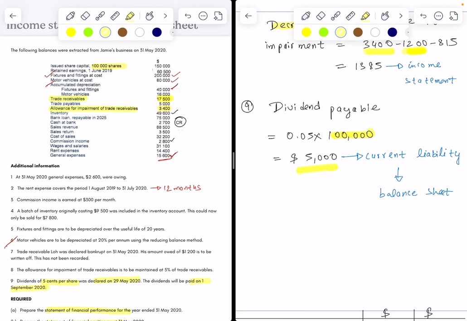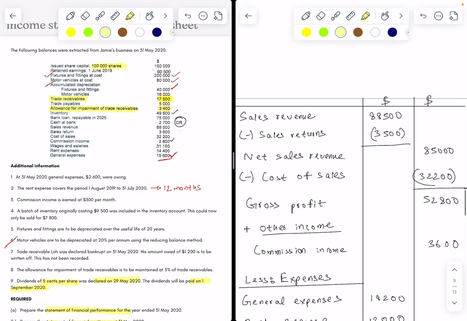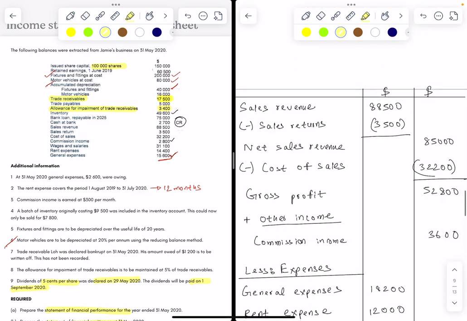Now let's look into the preparation of the income statement or the statement of financial performance. I'm ignoring all the formalities here, such as the title and everything. You can do it yourself. So let's look into how we can prepare this income statement. The format is the usual format which you're used to. We start with the sales revenue, and that is $88,500.